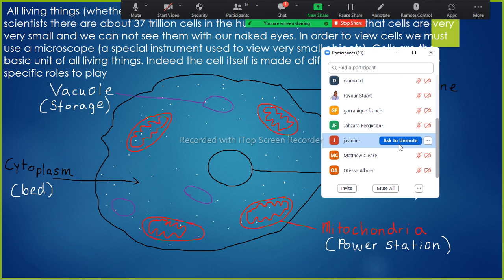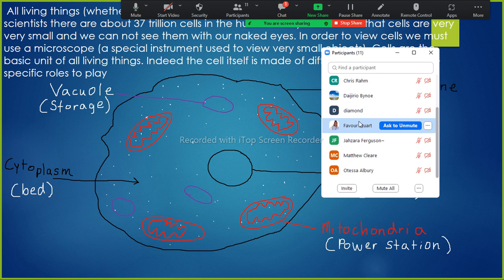The mitochondria. Yes, the mitochondria. Good. Jazaria Ferguson, are you there? Yes, sir. Which part of the cell functions like a bed where all the other cell parts lie?